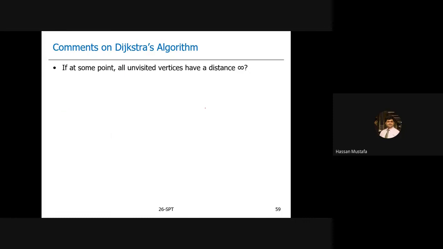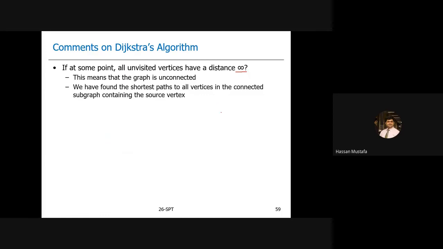There is no node in the queue that has a cost less than infinity. So this means that this portion of the graph is not visited, and I have visited all the remaining vertices, which means this portion is disconnected from the graph. Just like Prim's algorithm, this Dijkstra algorithm also does not work on disconnected graphs.